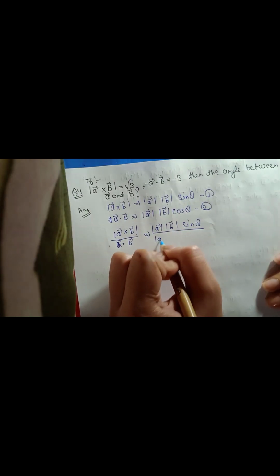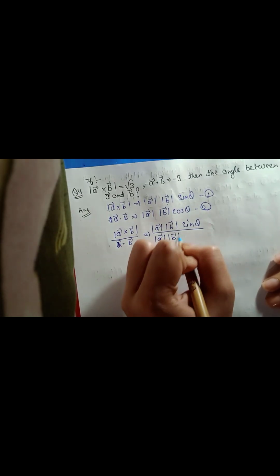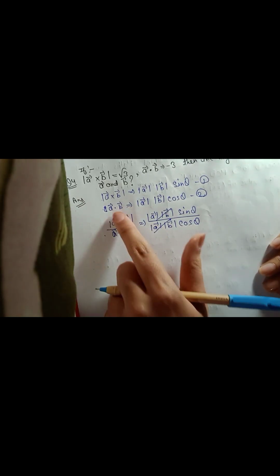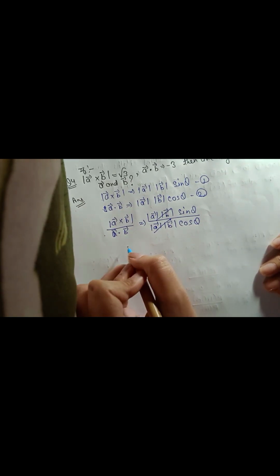If we divide these two equations, the magnitudes of a and b vectors cancel out.